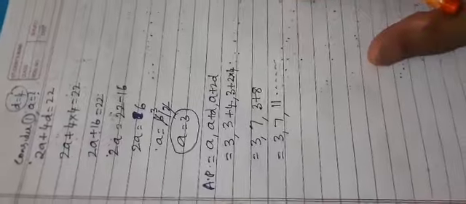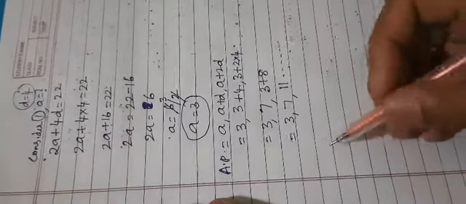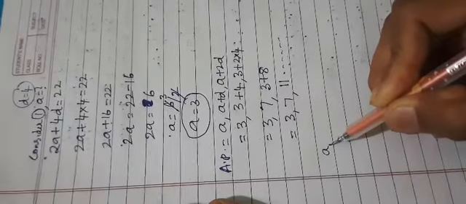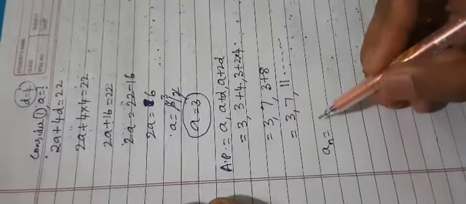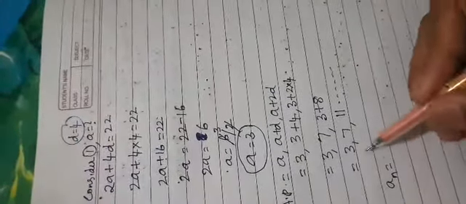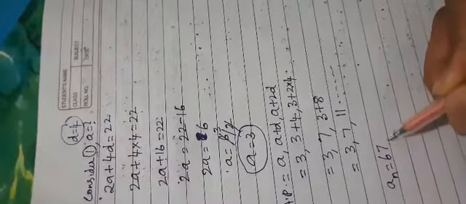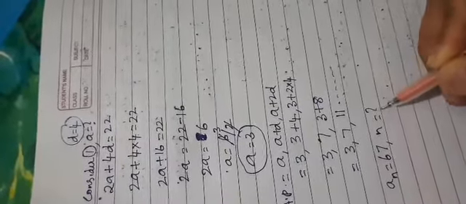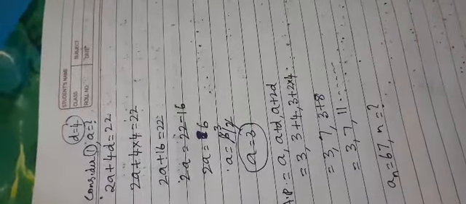So in the next part of the question, let me write, it's a lengthy problem. Here what he is asking us to find out: an is equal to 67, and n is equal to number of terms, n is equal to question mark.